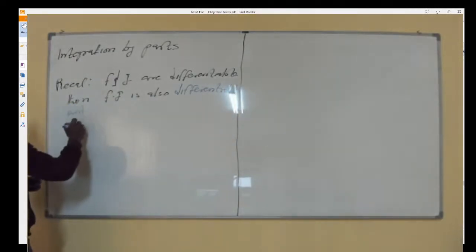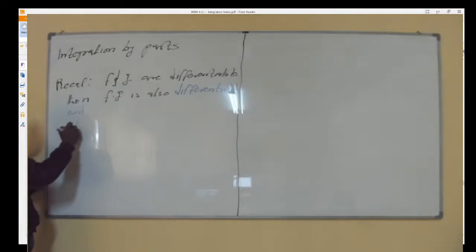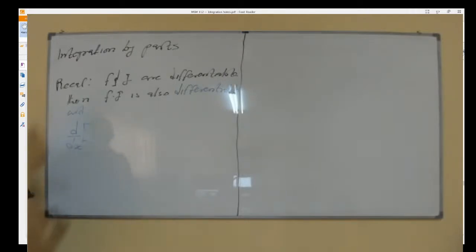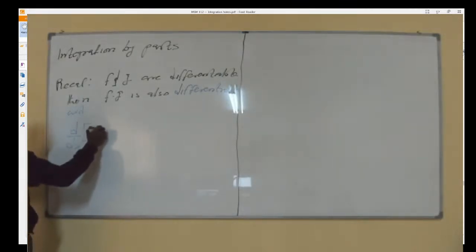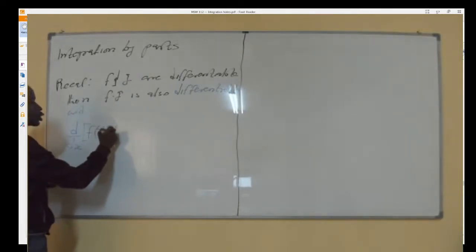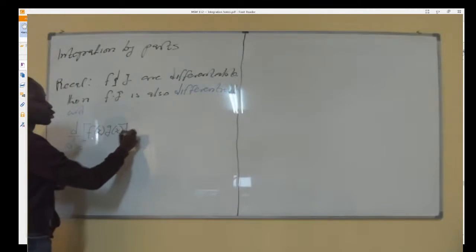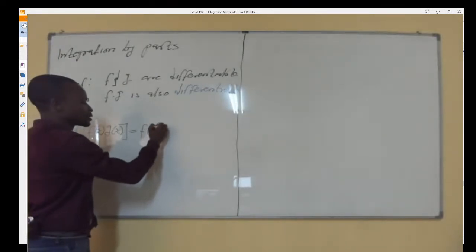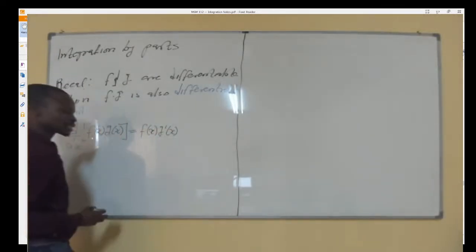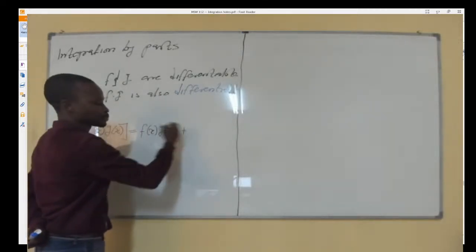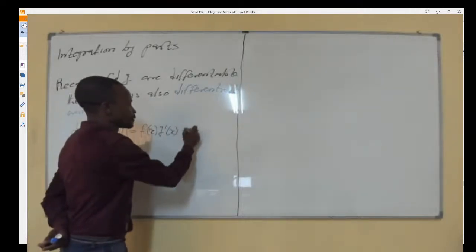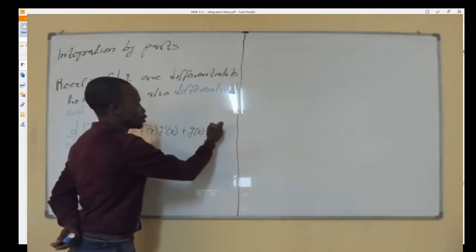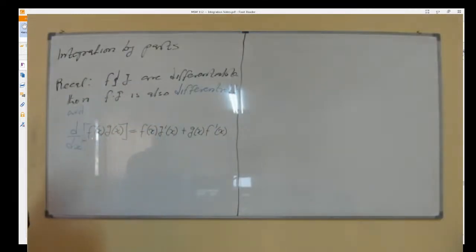And the derivative with respect to x of the product, which is f of x times g of x, we said this is equal to f of x times the derivative of g of x plus g of x, the second function, times the derivative of the first function. So this is what we mentioned last time.